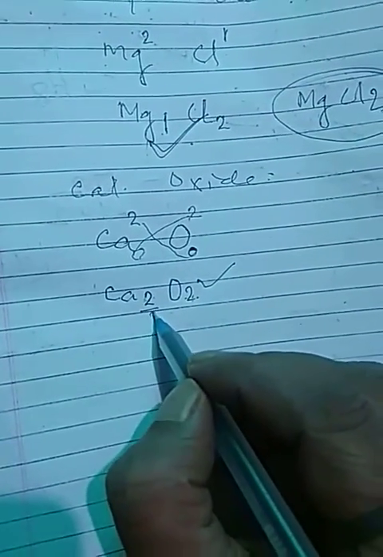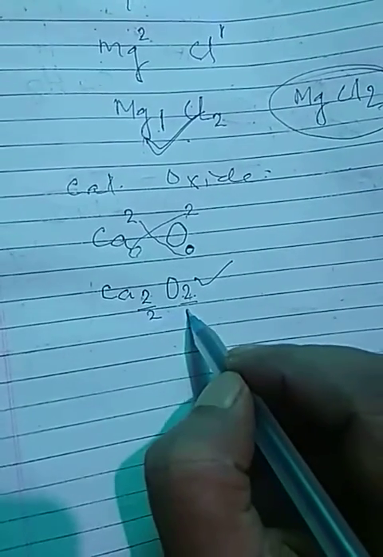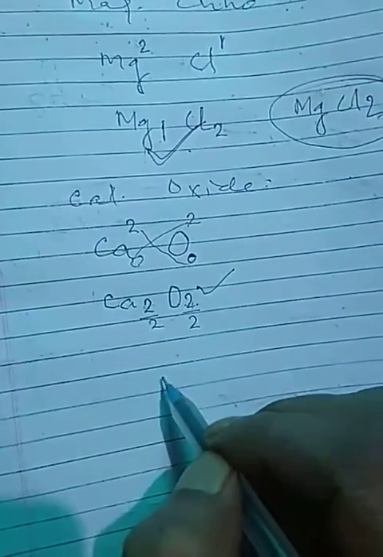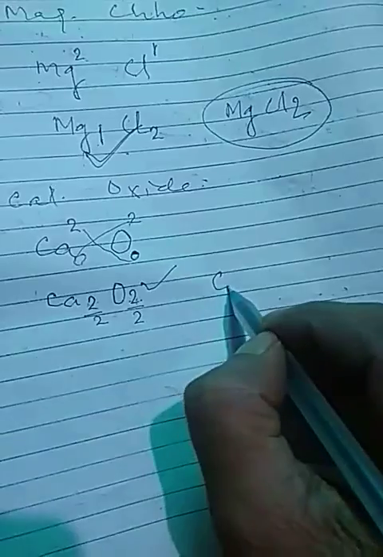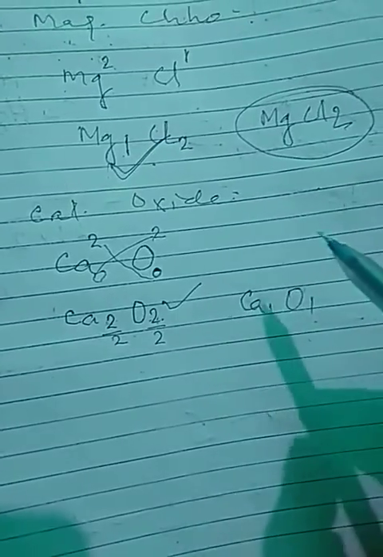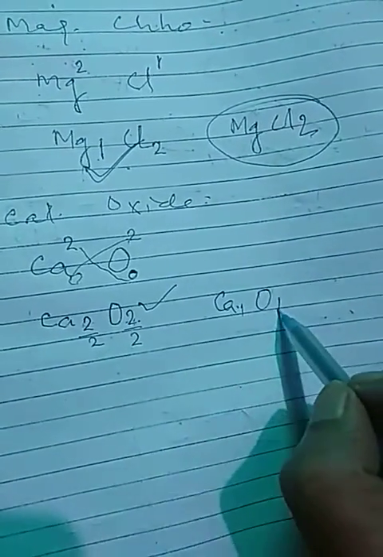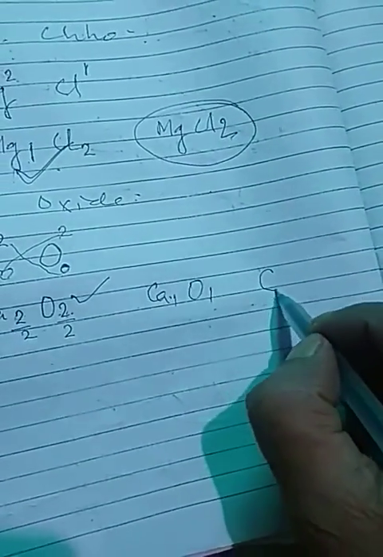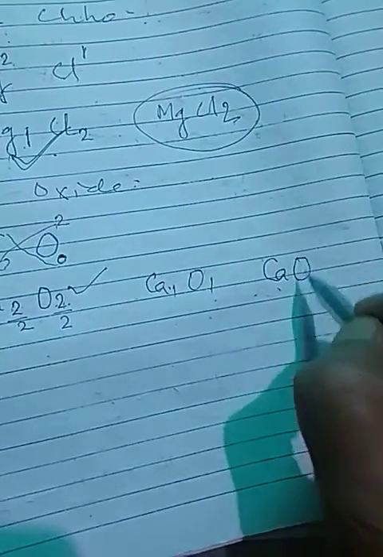Then we will divide both the valencies by the HCF. Now it will be Ca1O1. But we have seen that we can ignore 1. So the formula will be CaO.